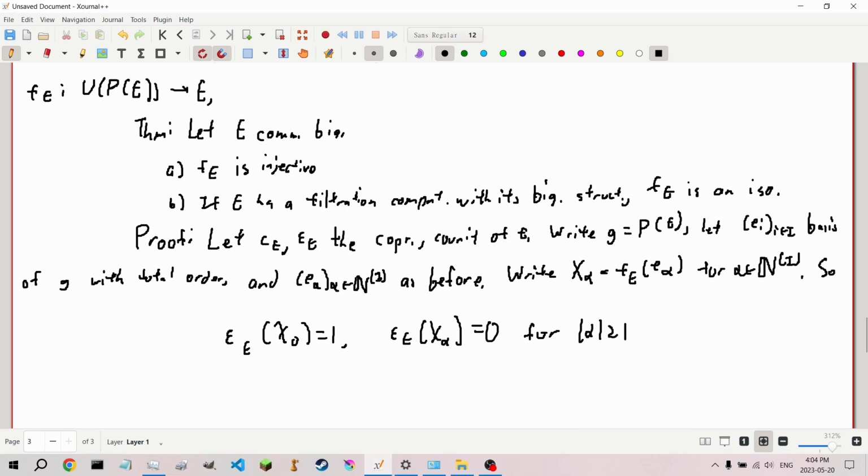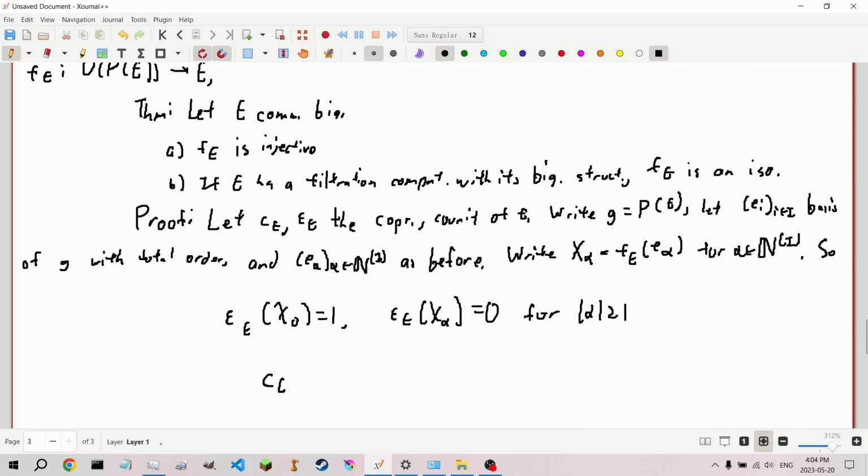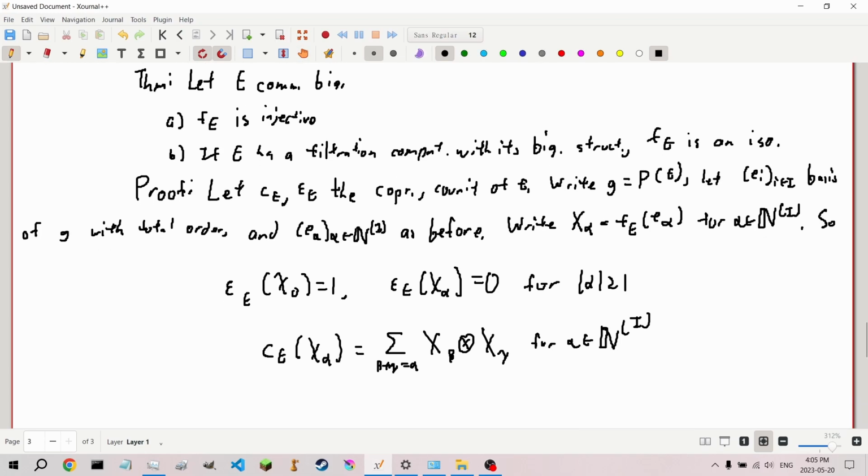We have the coproduct of x alpha as the sum of beta plus gamma being alpha of x beta tensor x gamma for alpha in the naturals indexed by I, as Fe is a cogebra morphism.